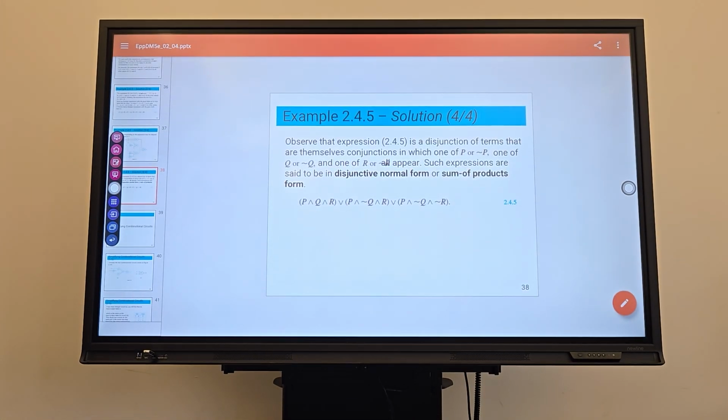This is a disjunctive normal form, or sum of products. If you've taken digital logic, you should be familiar with that term. Math uses the term disjunctive form. Sum of products is used more in digital logic.